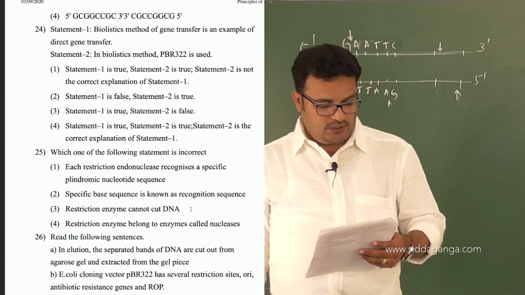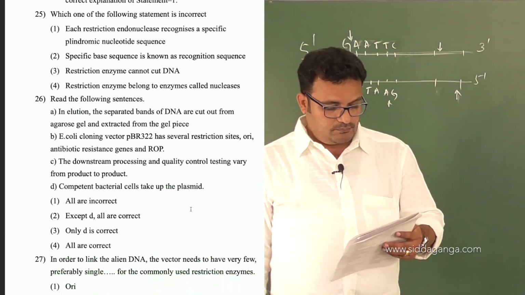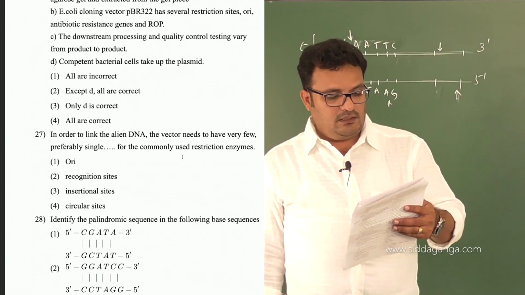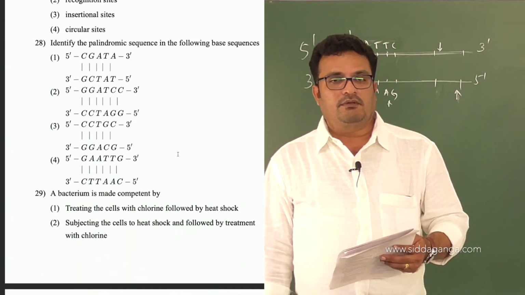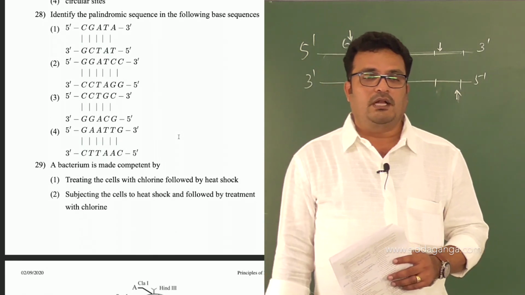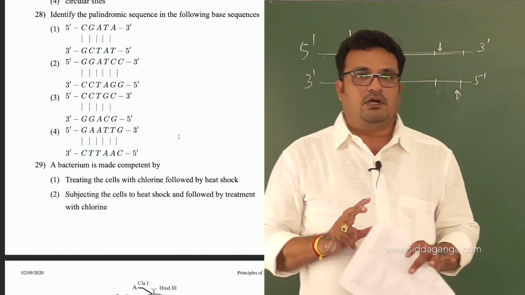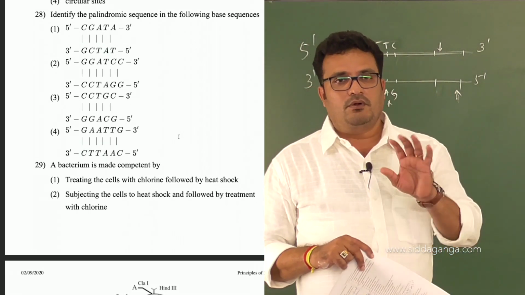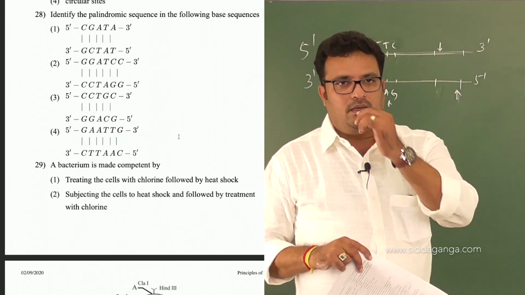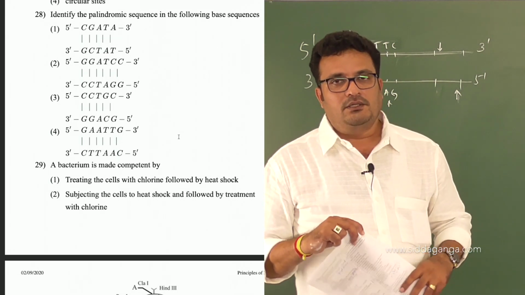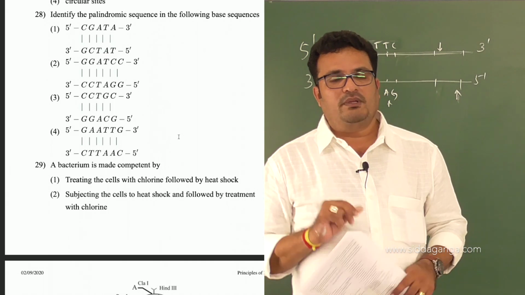Next, question number 28. You see there are 4 sequences. There are 4 palindromic-looking DNA segments exposed, and from these you need to select the palindromic sequence.